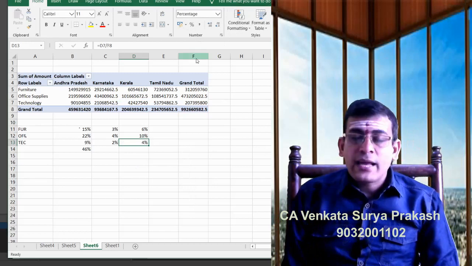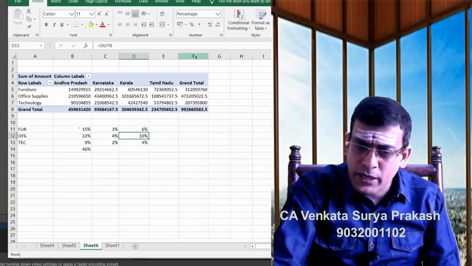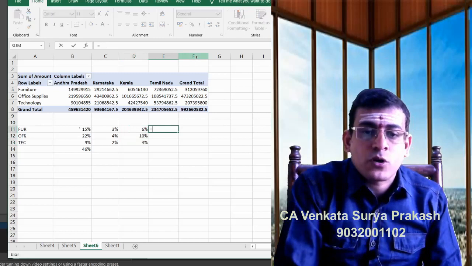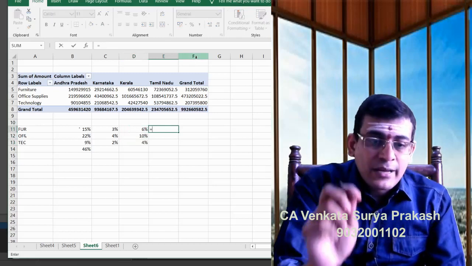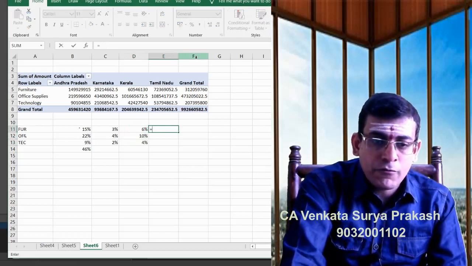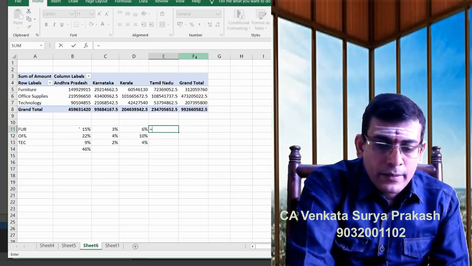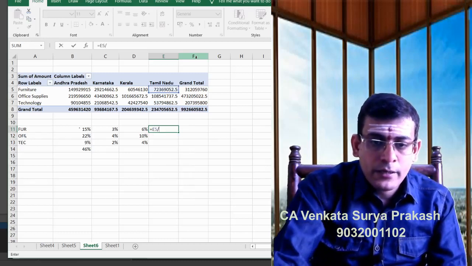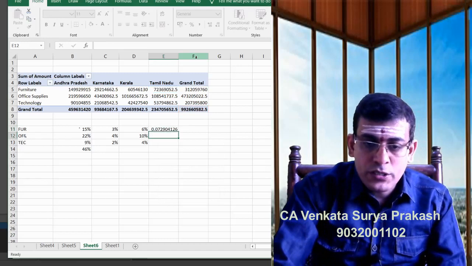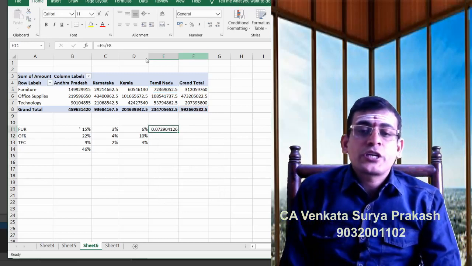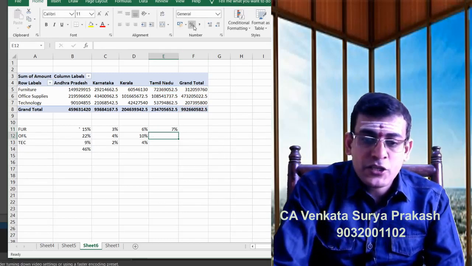So you can also calculate for Tamil Nadu and I can also calculate the total. Let us do that, then we can come to some conclusions. So Tamil Nadu business, what is happening? In Tamil Nadu, furniture business is E5 divided by F8. So this gives you a revenue share of 7% from the furniture business.